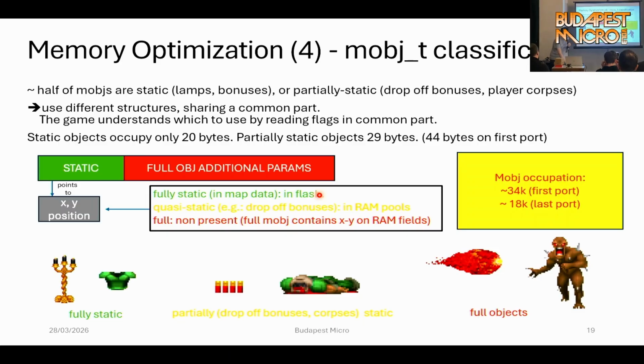Basically, the static objects now occupy only 20 bytes, and partially static objects 29 bytes, and it was 44 in the first port. So the occupation was between 18 and 34 kilobytes, and before it was basically double this.